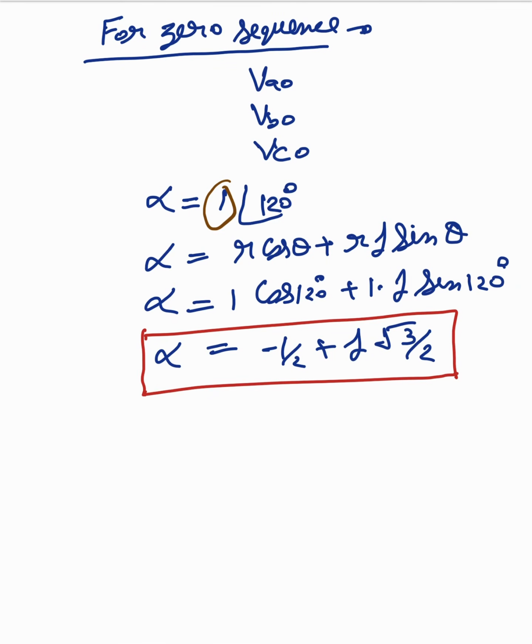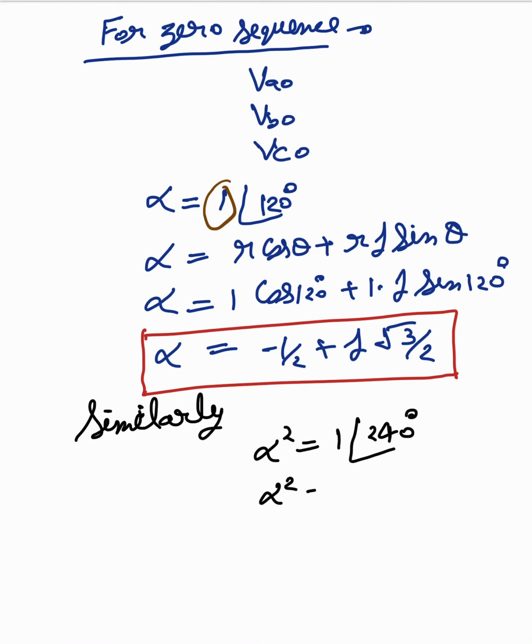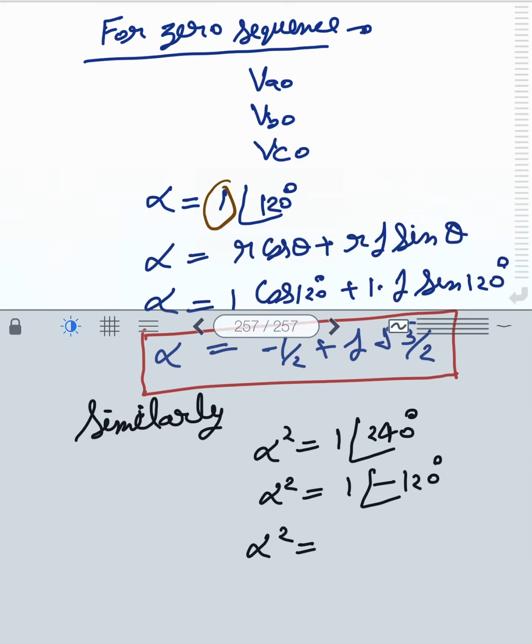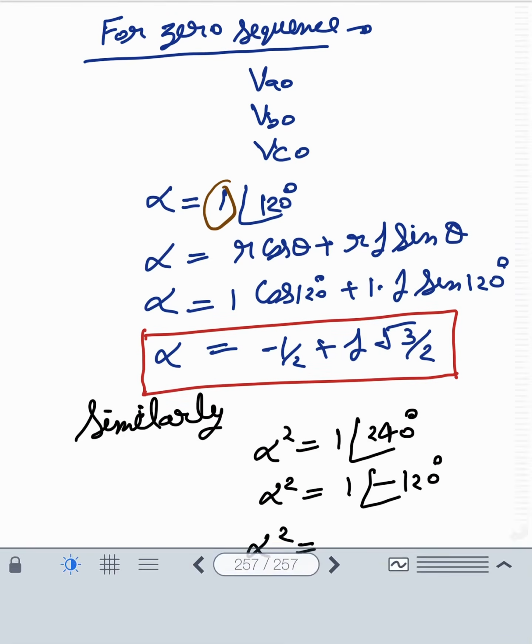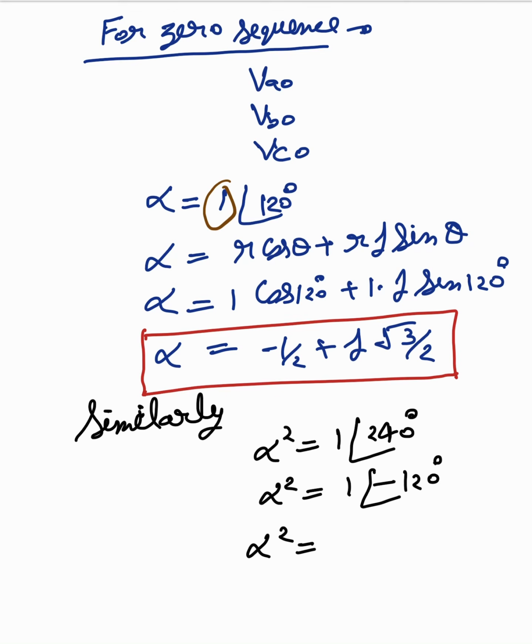Okay, similarly alpha square is equal to 1 angle 240 degrees, or you can write alpha square is equal to 1 angle minus 120 degrees. In a similar way you can calculate R cos theta plus RJ sin theta, and the value of alpha square is minus half minus J root 3 by 2.